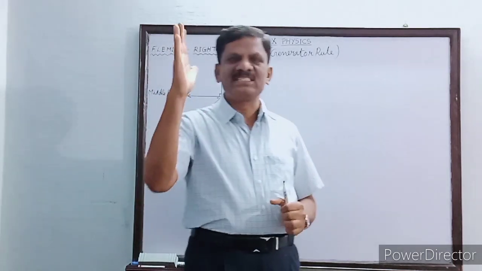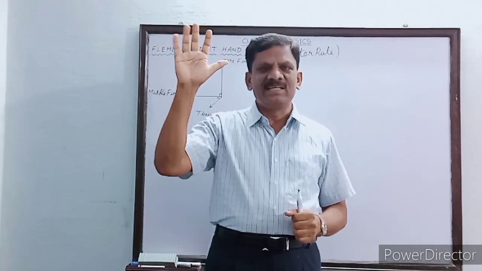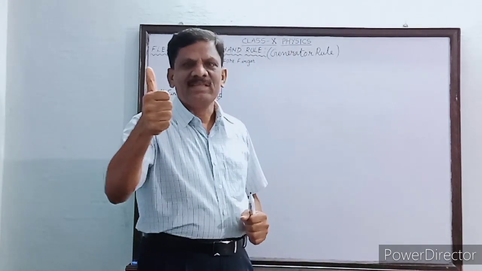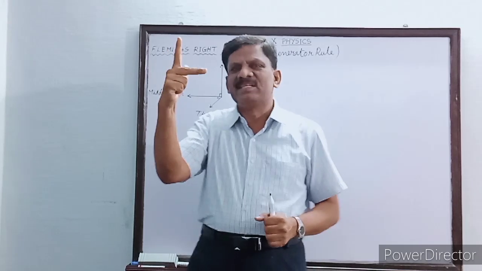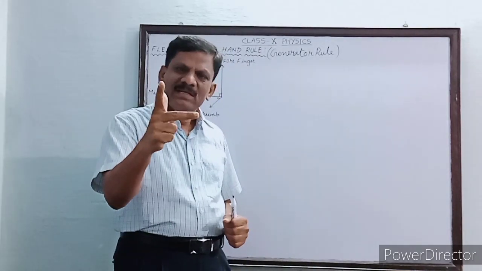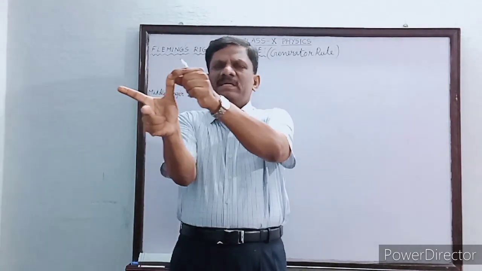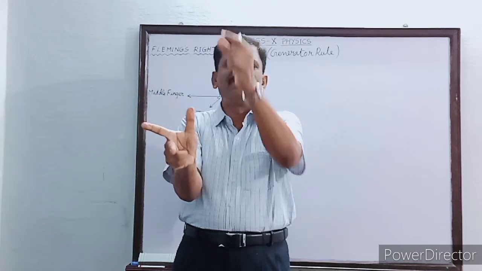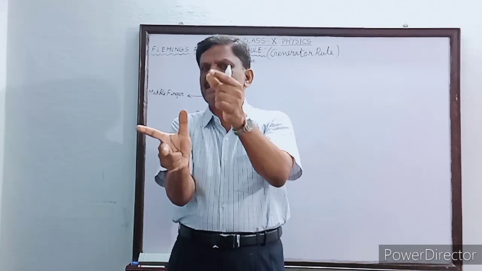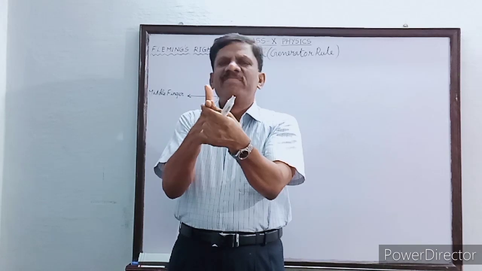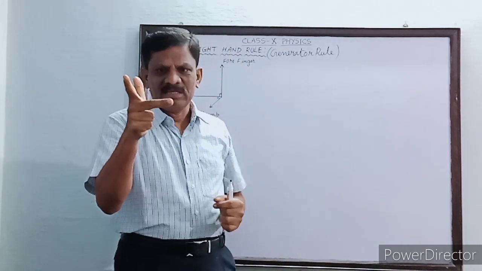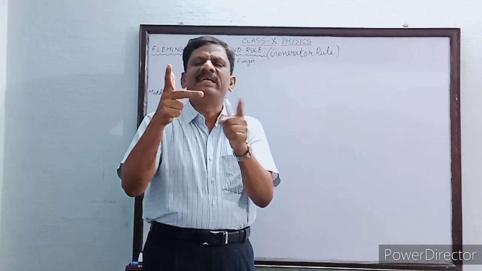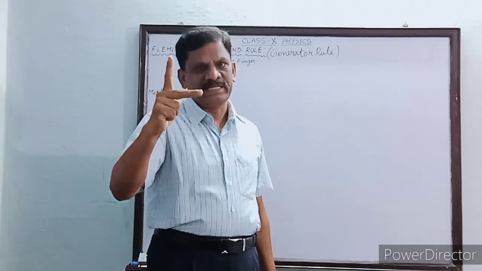We stretch the right hand such that the thumb, the forefinger and the middle finger are mutually perpendicular to each other. If the thumb indicates the direction of motion of the coil or conductor, and the forefinger indicates the direction of the magnetic field, then the middle finger indicates the direction of the induced current.